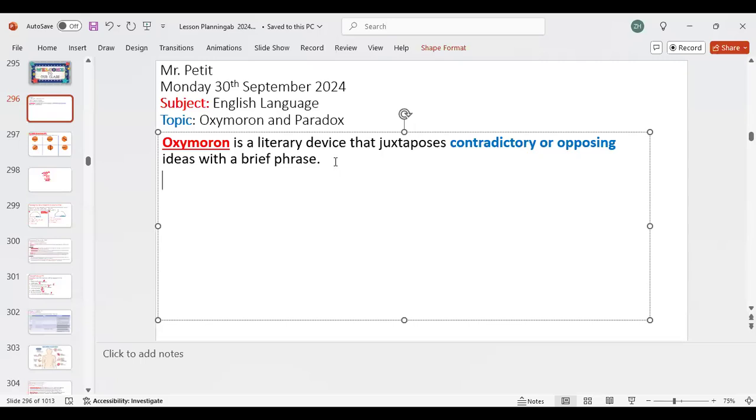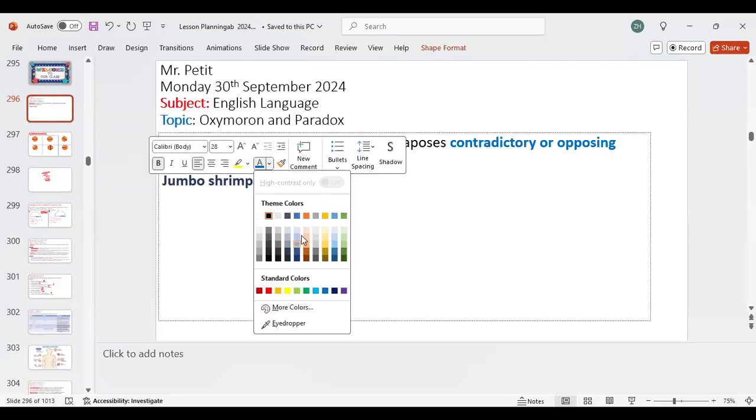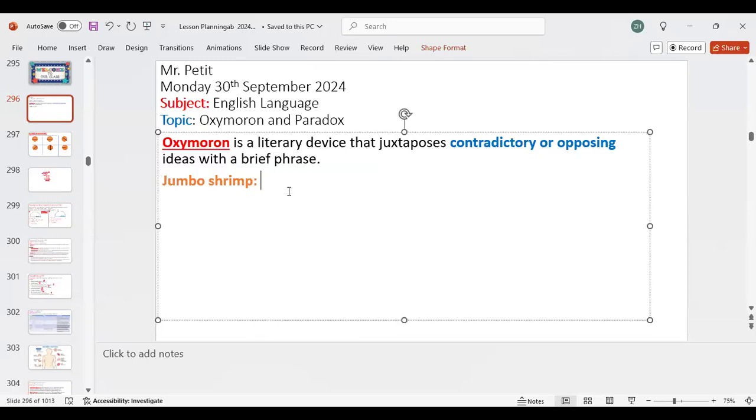So what if I say jumbo shrimp? Jumbo shrimp is an oxymoron. Why is jumbo shrimp an oxymoron? Because shrimps are small.